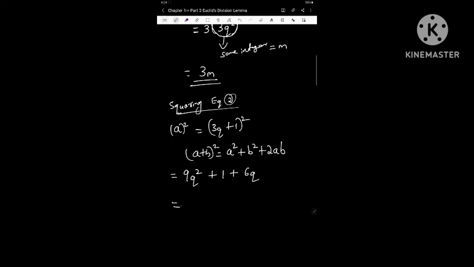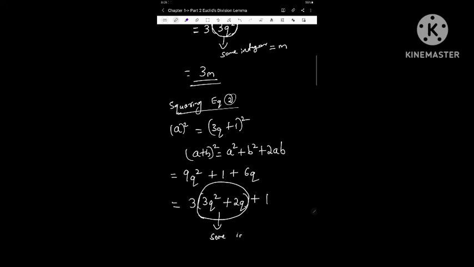So can we just write it as 3 into 3q square plus 2q, where for this 6q we write 3 into 2q, and this 1 will be just left out here, right? So will this whole thing in this bracket be some integer?